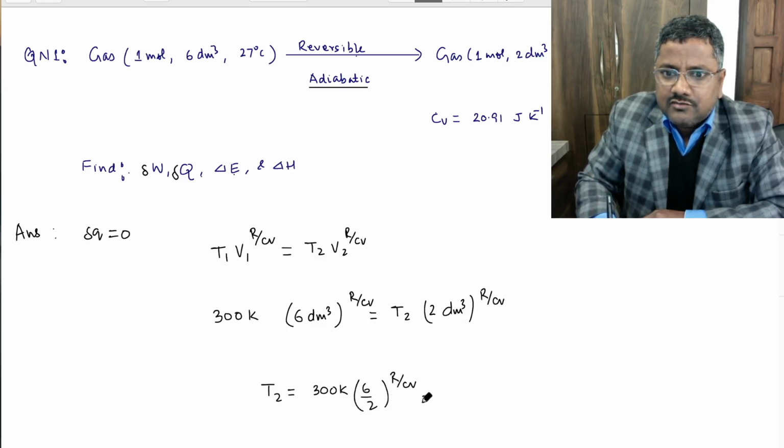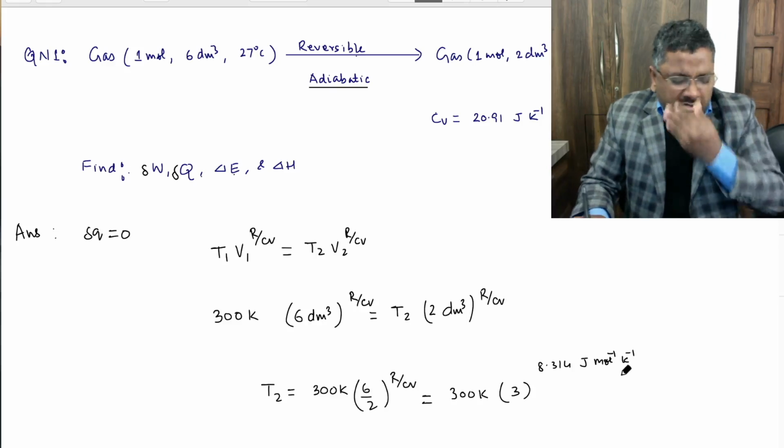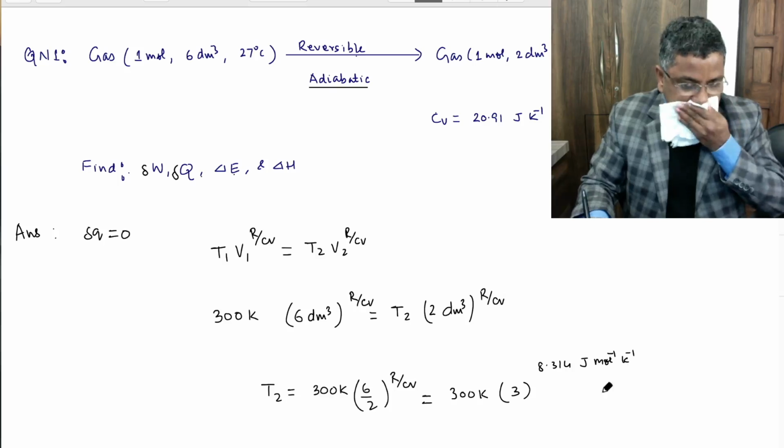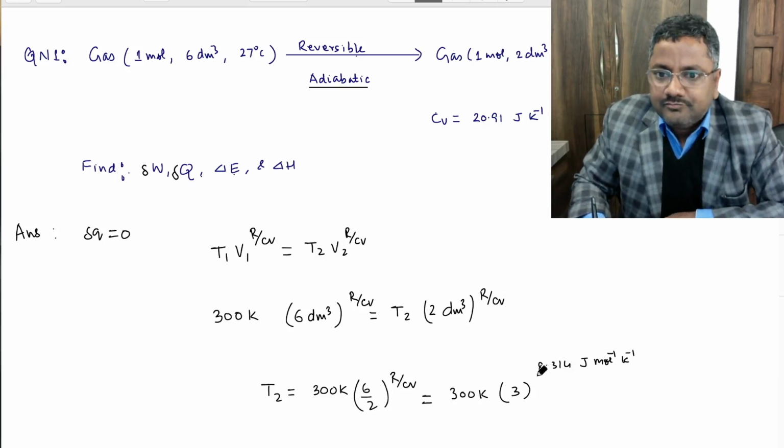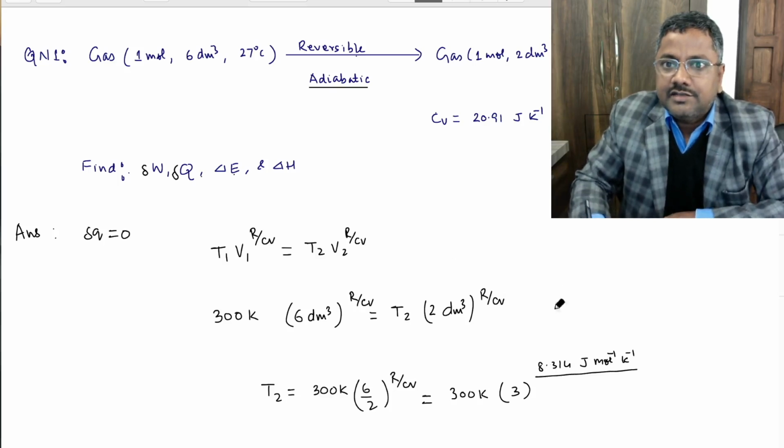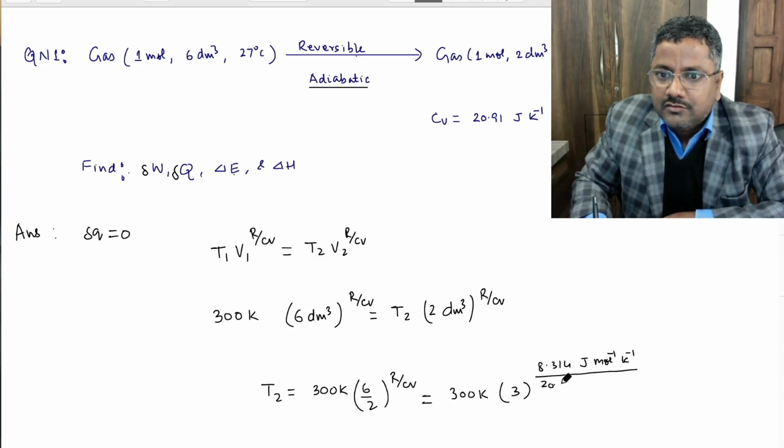So this is equal to 300 Kelvin and 3 to the power R, which is 8.314 joules per mole per Kelvin, divided by CV. CV is given as 20.91 joules per Kelvin per mole.